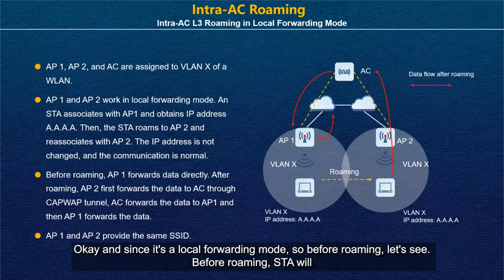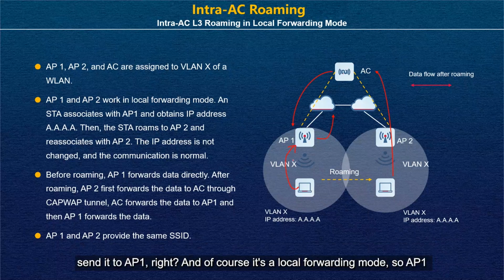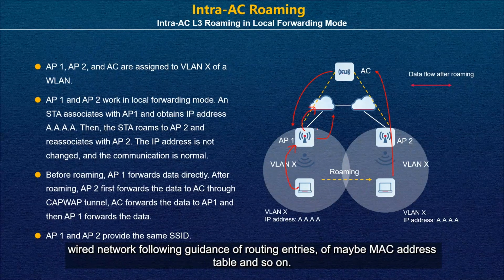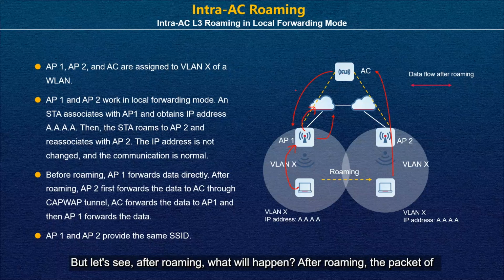Since it's local forwarding mode, before roaming, the STA will send the packet to AP1, and AP1 will directly send it to the wired network, where the packet will be transmitted following the guidance of routing entries, the MAC address table and so on. But let's see what happens after roaming.